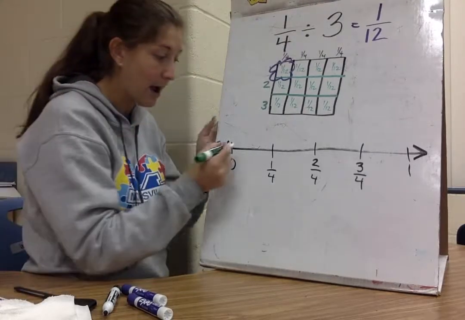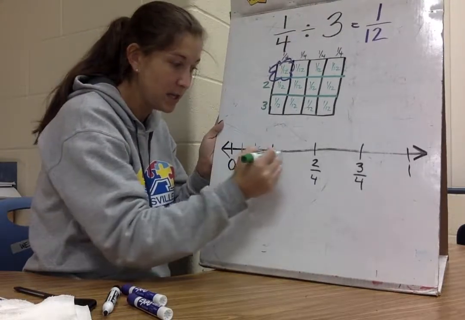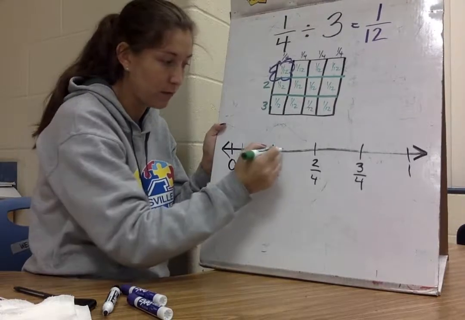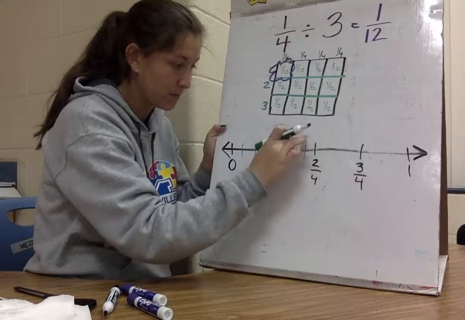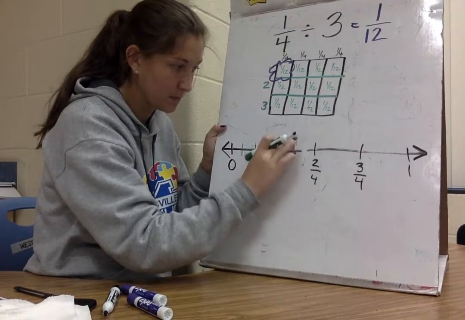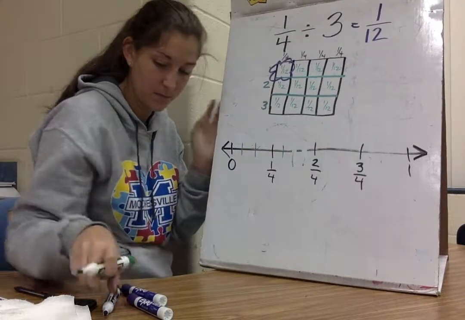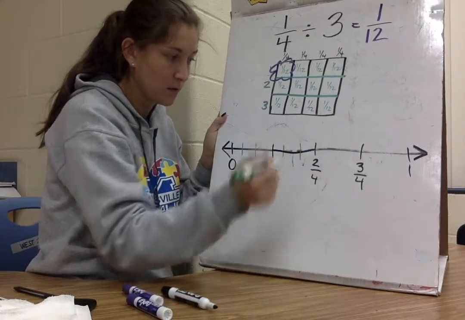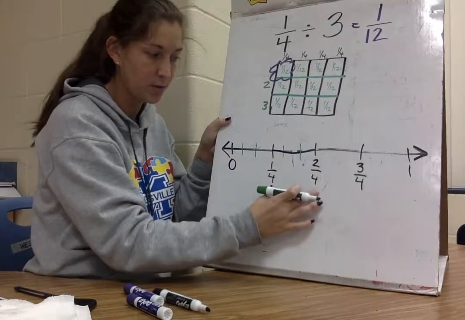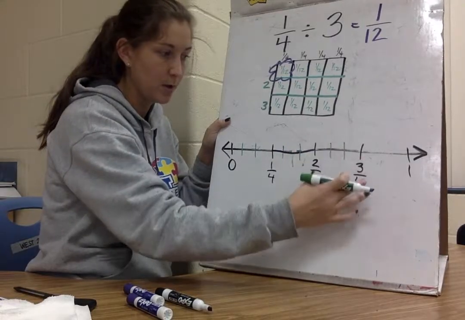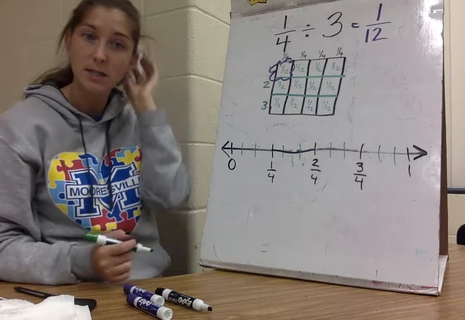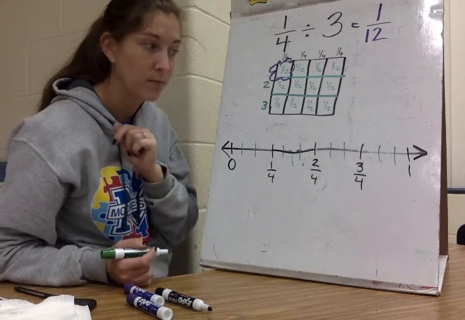Then, within those fractional amounts, I've got to break them up by 3s. So I've got to split where I have 3 pieces inside of my 1/4: 3 pieces in between 1/4 and 2/4, 3 pieces in between 2/4 and 3/4, and 3 pieces in between 3/4 and 1.